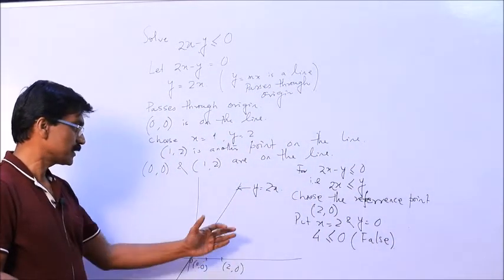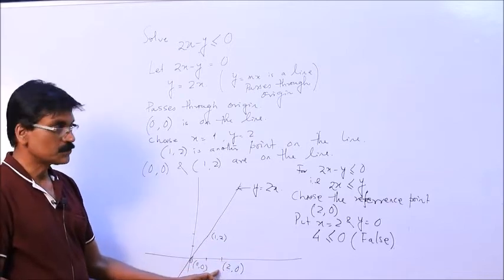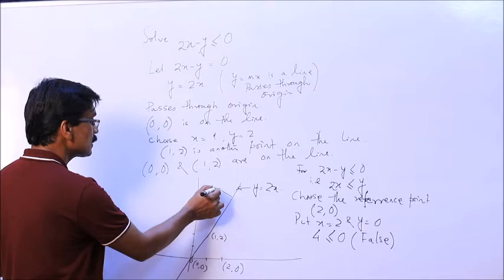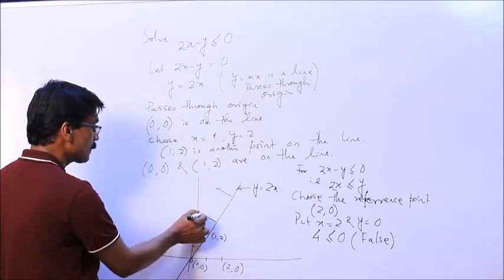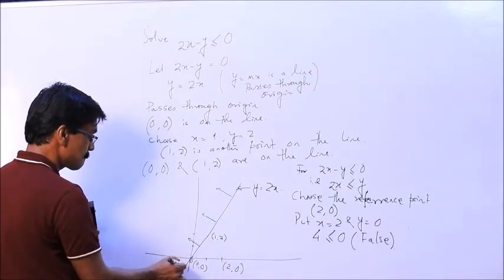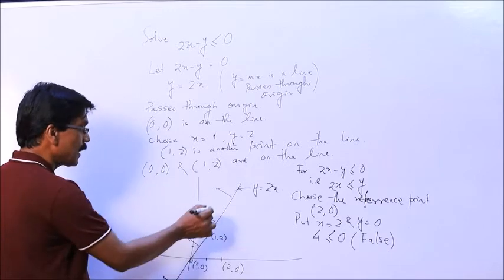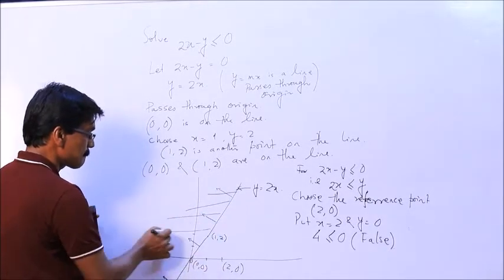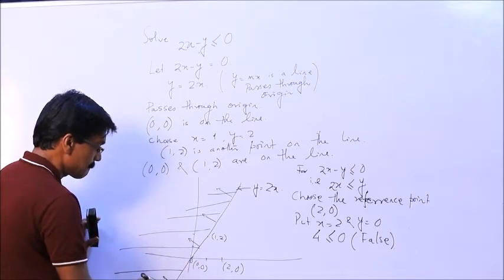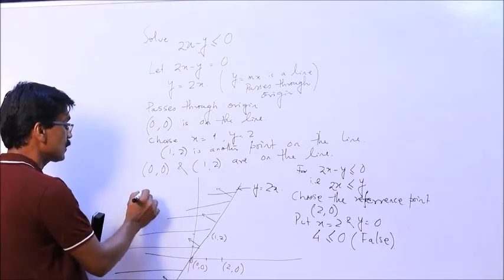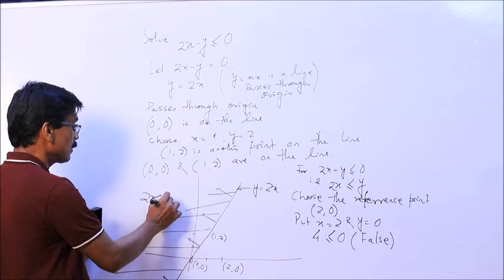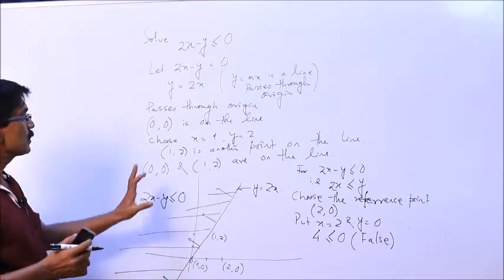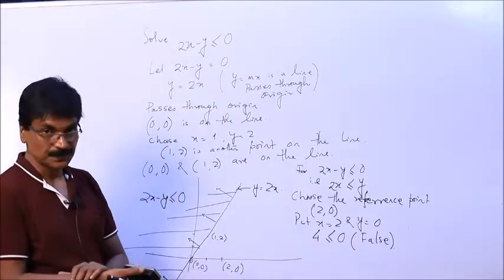So, false means it is away from this point 2 0. So, we can set the region that is away from 2 0. So, this is the solution, 2x minus y less than equal to 0. So, this is the solution region.